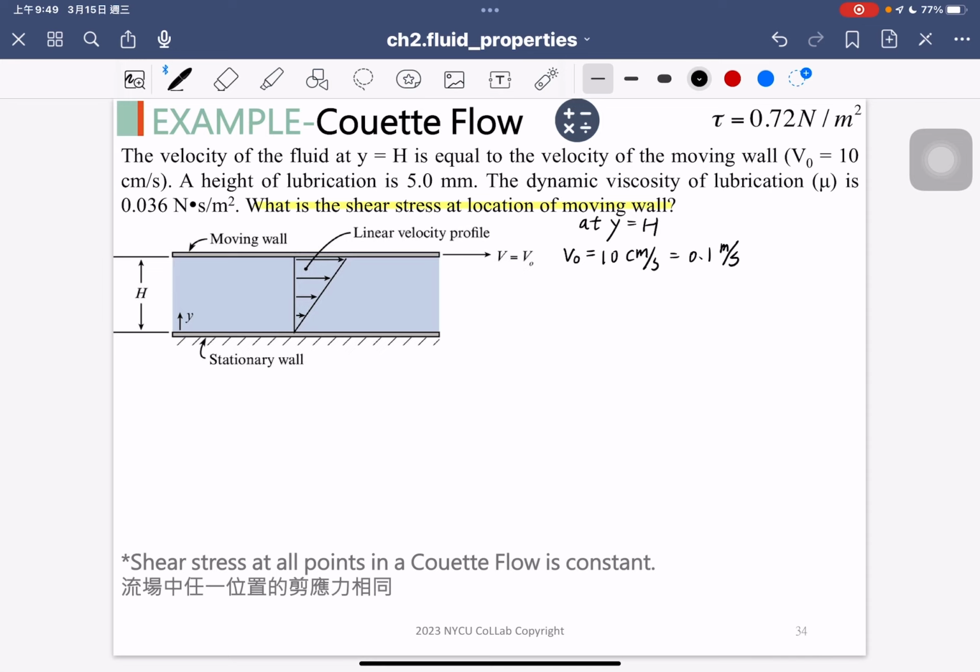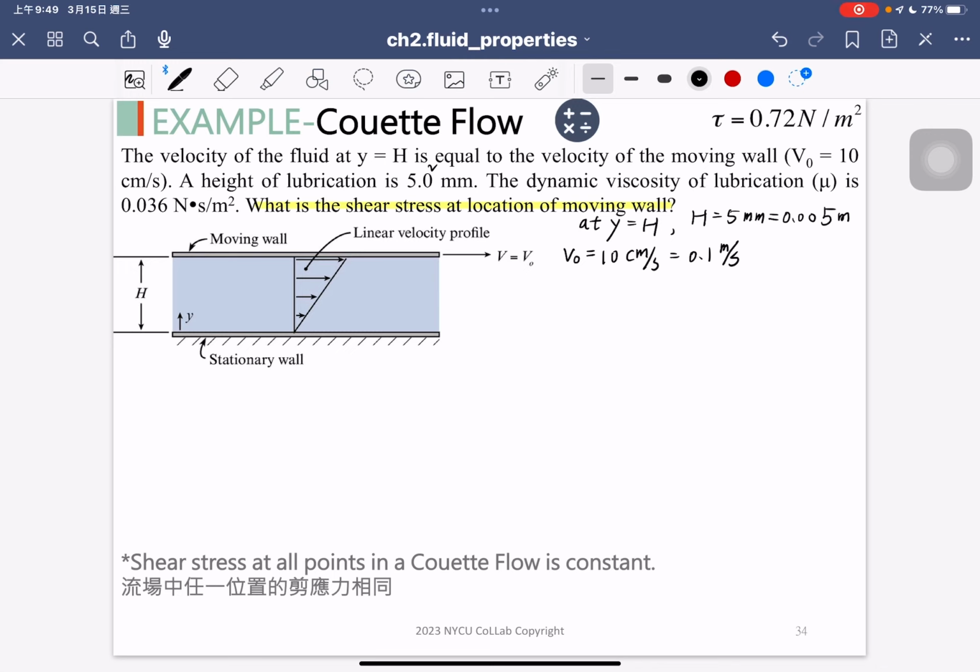And we know the thickness H here. It is 5 millimeters, which is equal to 0.005 meter, right? So we have the thickness of the lubrication material, and we have the moving velocity for the top moving wall.